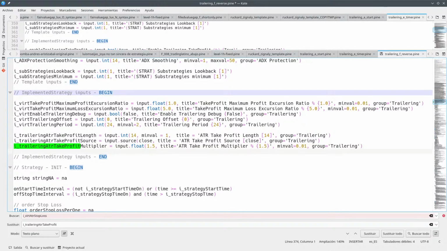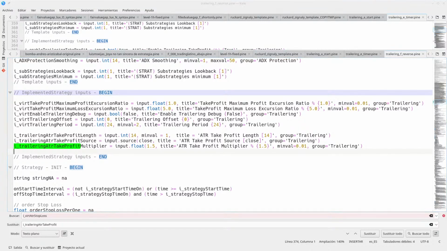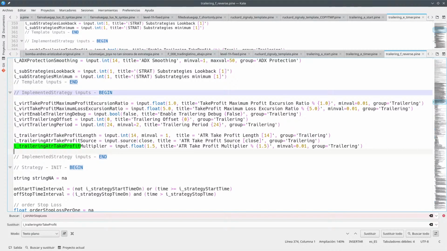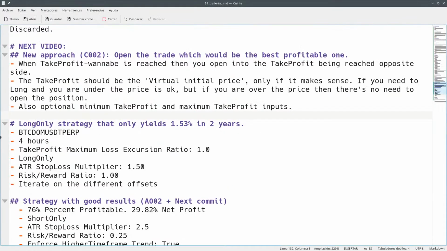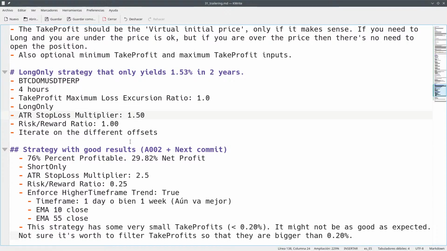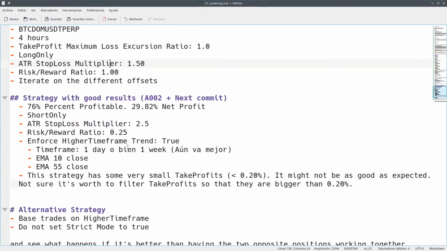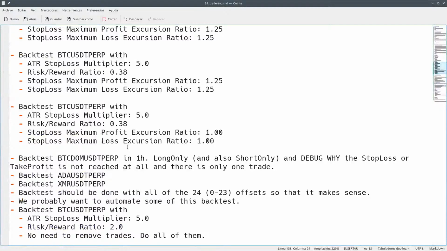Look at that. Okay, so what is going to be the default value so that this works properly? So we had some settings which are here. Not this one. What the hell was this?